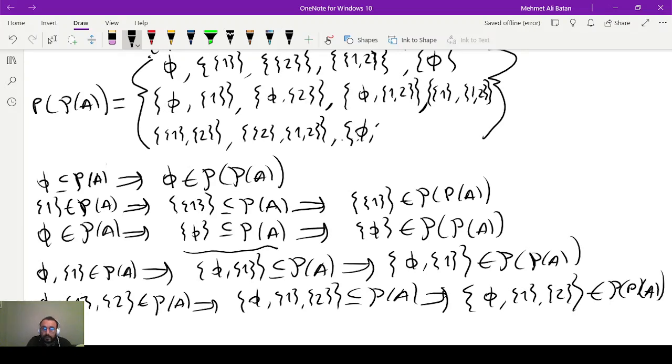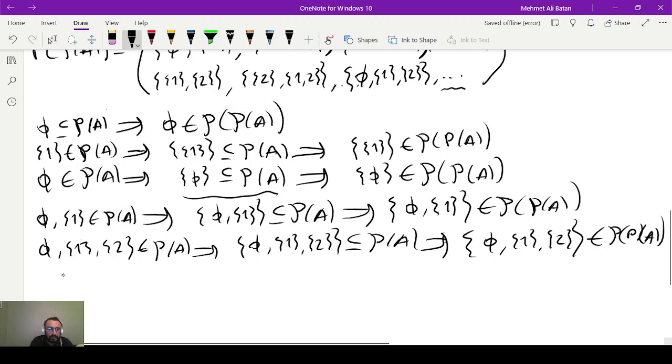So the empty set, 1, 2, and similarly you can write others, and let me write the last element, but there are some other elements in here. As I told you, there are 16 elements. The other ones, let me write it here. Let me write it quickly actually.